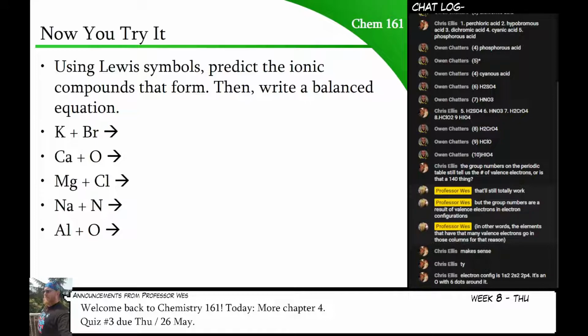Draw the Lewis symbol for K, draw the Lewis symbol for Br based on their electron configurations. And then shove electrons around from one element to the other such that everything has a full s and p subshell. Remember, the magic number you're looking for is 8 valence electrons. That'd be s2p6. I'll give you 5 minutes, and we'll go over the answers in a bit.